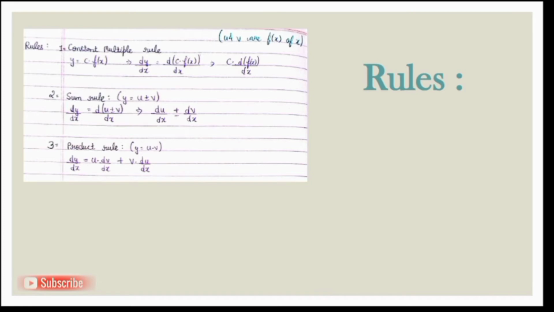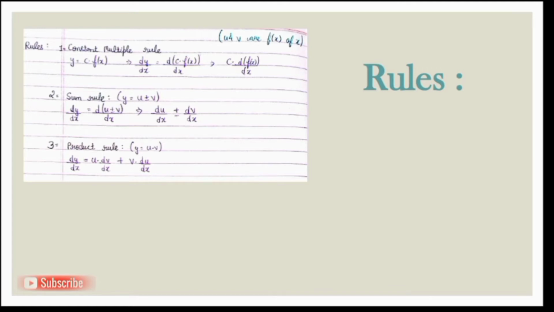Before moving to the second rule, we first have to note that u and v are functions of x. Now the second rule is the sum rule, which can be defined as y equals u plus or minus v. The rule is the same for subtraction and summation. The differentiation is distributed among the individual terms of plus and minus.